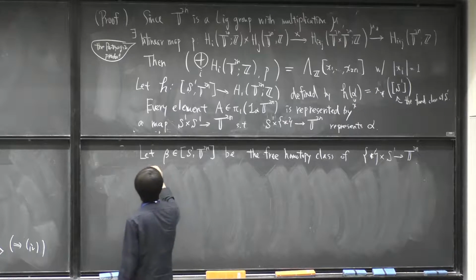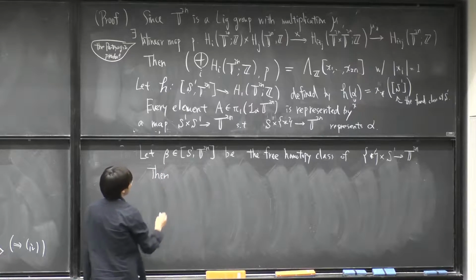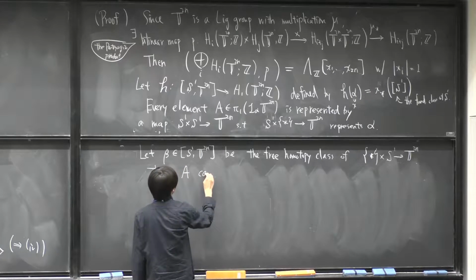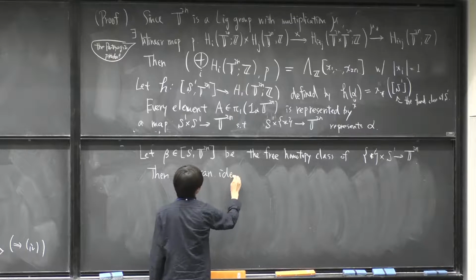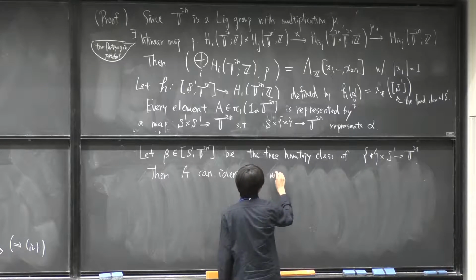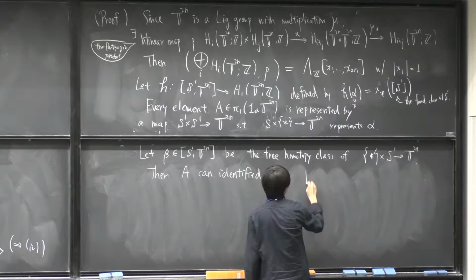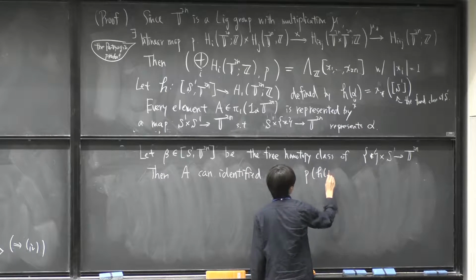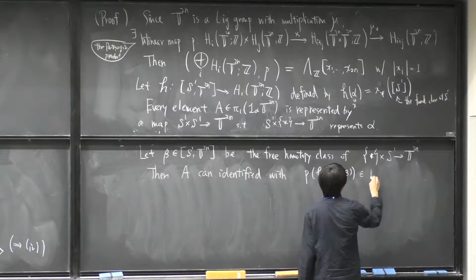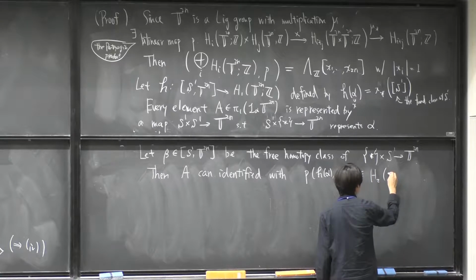Then every element A can be identified with an element P, H alpha, H beta in the second homology group.